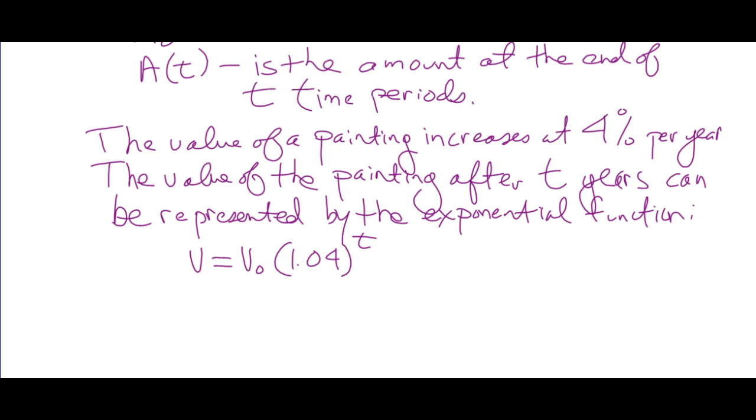So in this case, V naught, or V sub 0, would be the initial value of the painting. V would be the final value of the painting after some amount of time t, which is in years.